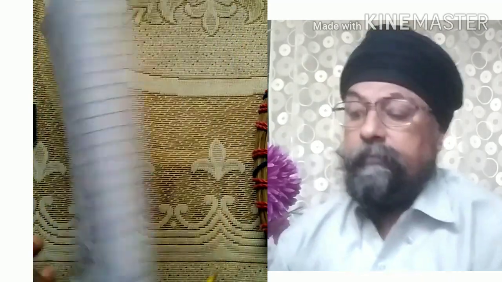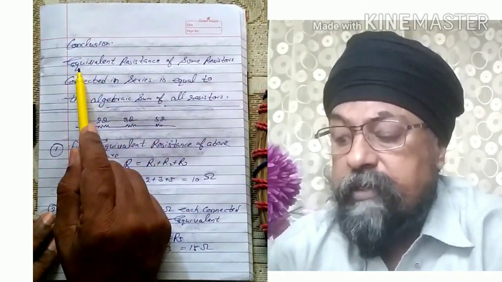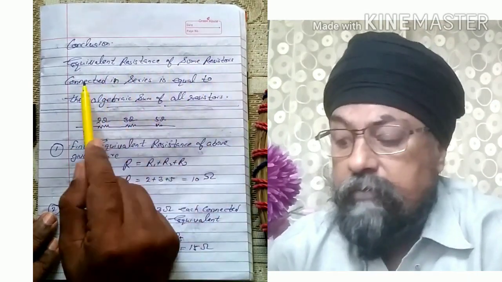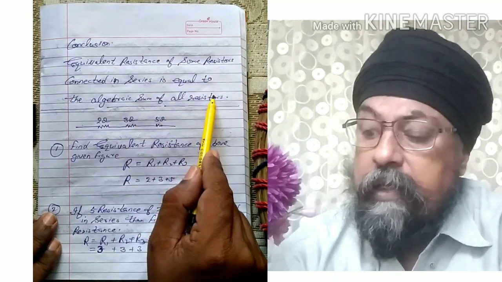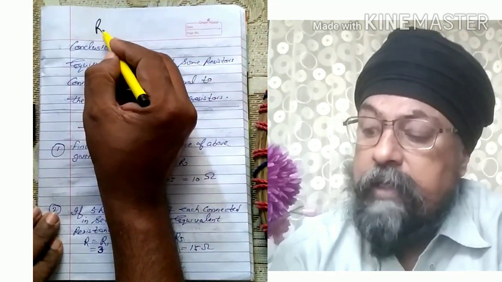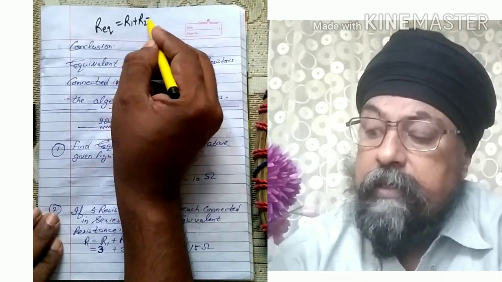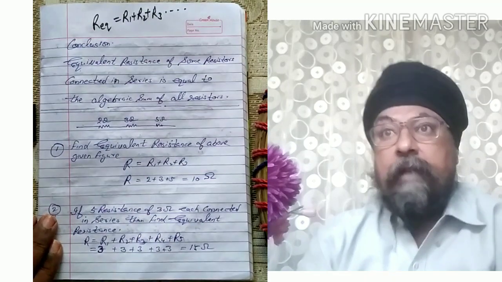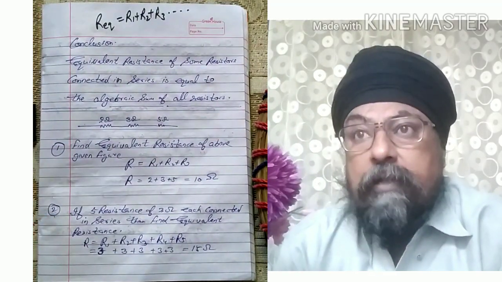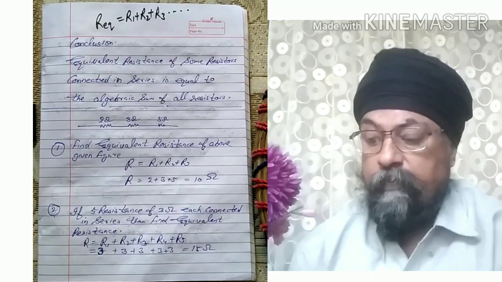The conclusion is that the equivalent resistance of resistors connected in series is equal to the algebraic sum of all the resistances: R equivalent equals R1 plus R2 plus R3 and so on. That means we simply add the values of each resistance if they are connected in series.